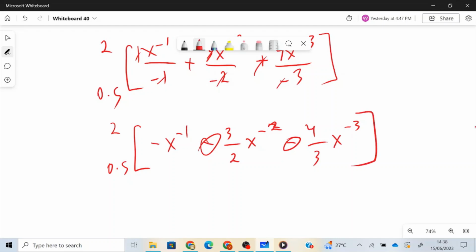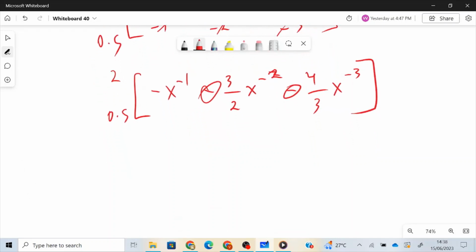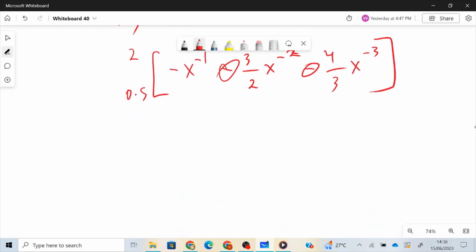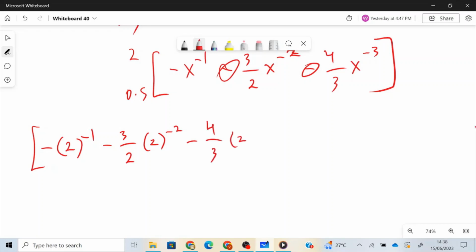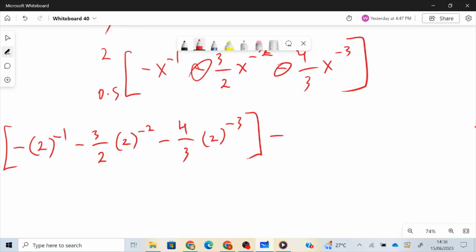Now, as we have been doing, this might be a bit long, but we just substitute our values. We would now have something like this: minus 2 to the power minus 1, minus 3 over 2 into 2 to the power minus 2, minus 4 over 3 into 2 to the power minus 3. Subtract all of that, or what you're going to subtract from all of that is now going to be minus 0.5.